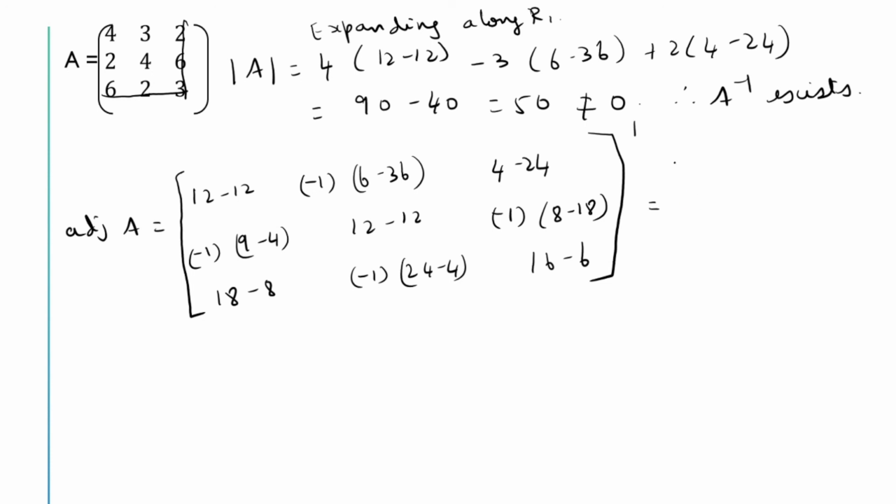So that will become the first column: 0, 30, minus 20. Then here it will be minus 5, 0 and 10. That will become the second column: minus 5, 0, 10. Then here it will be 10, minus 20, 10. That will be the third column: 10, minus 20, 10.